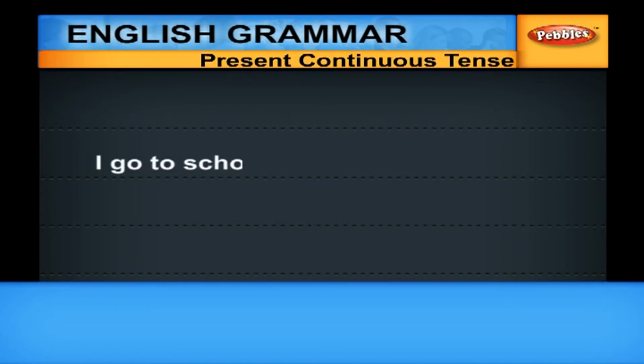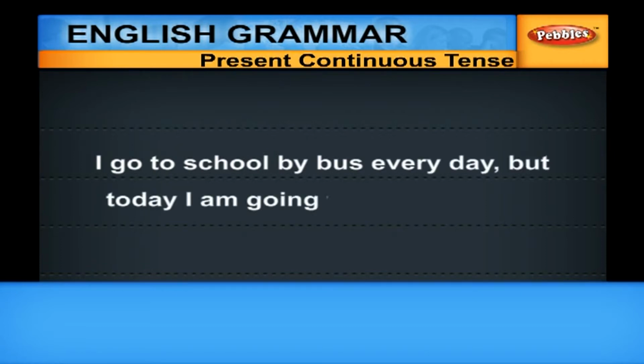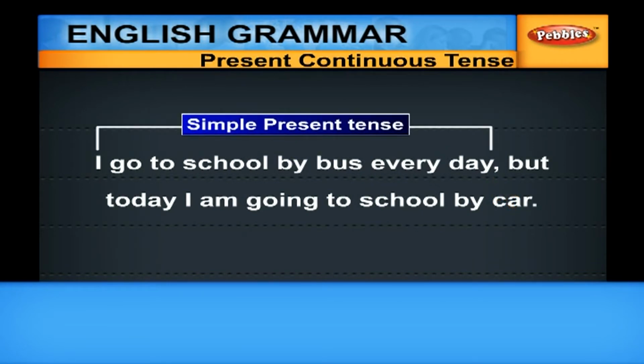I go to school by bus every day, but today I am going to school by car. The first one refers to a regular habitual action and it is in simple present tense. Normally or repeatedly, you are going to school only by bus, but today you are not going by bus, you are going by car.